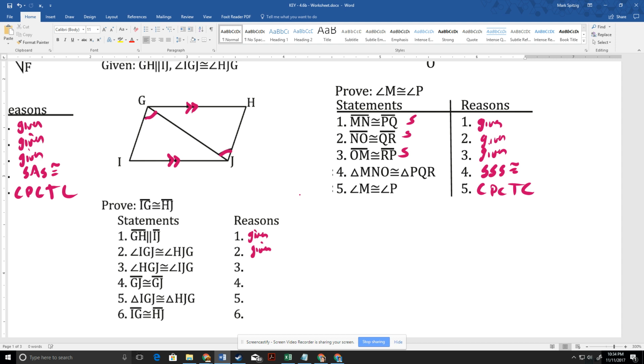All right, now the next part. The part that I didn't use was the fact that the lines were parallel. And because they're parallel, we know that HGJ, which is this angle here, is going to be congruent to this angle here. And that's because if the lines are parallel, then alternate interior angles are congruent.